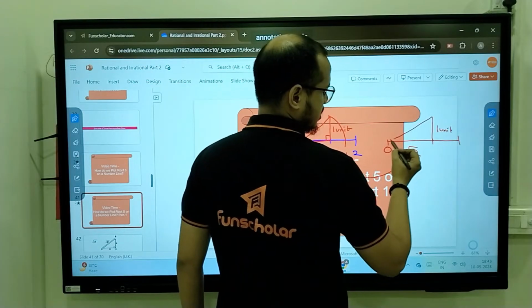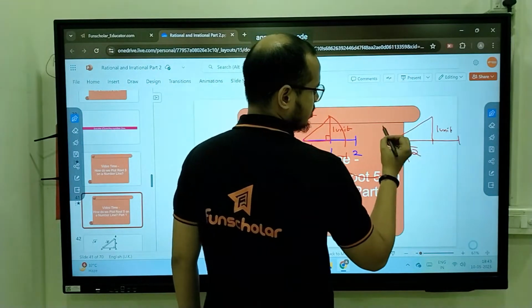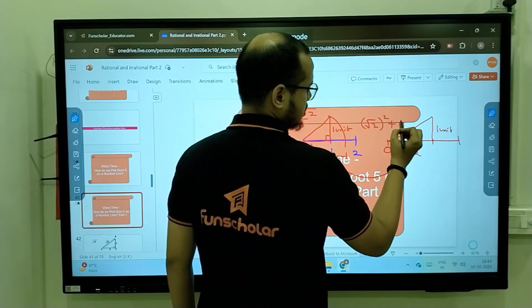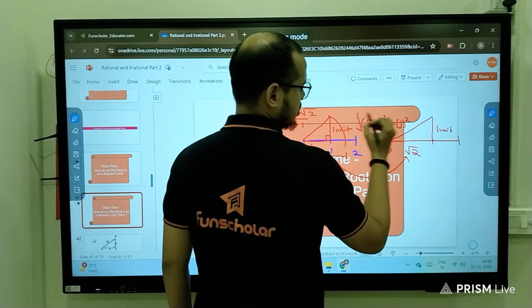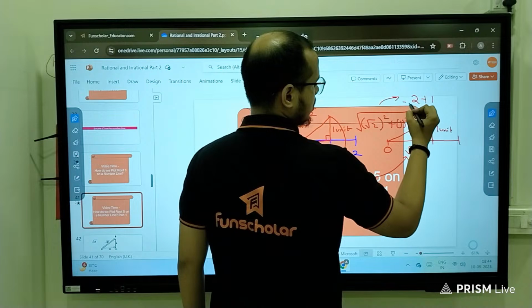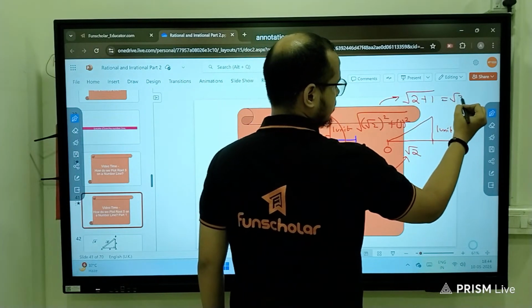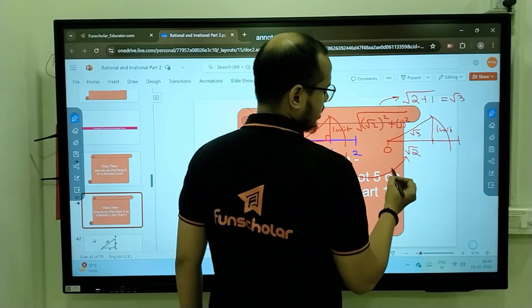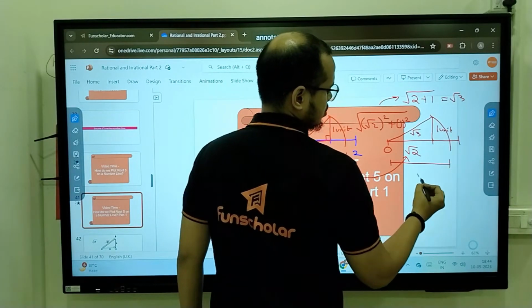Then I'm drawing the hypotenuse. This will be the root of root 2 square plus 1 square, which gives us root of 2 plus 1, that is root 3, which is this root 3. Now the same arc from here, cut it, and we get the value of root 3.